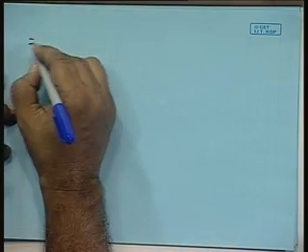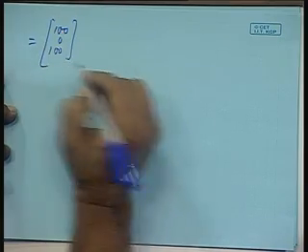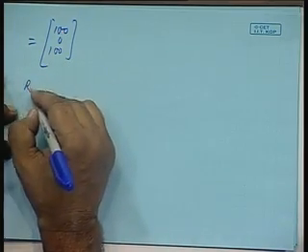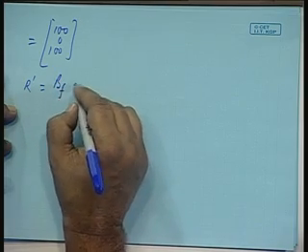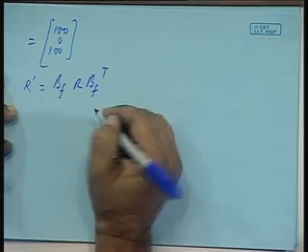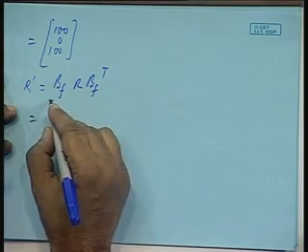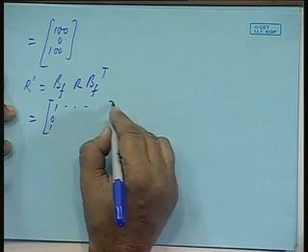So, that gives me 100 0 100. And R dashed will be BF R BF transpose. You can compute this, BF is 1 0 1 and so on.